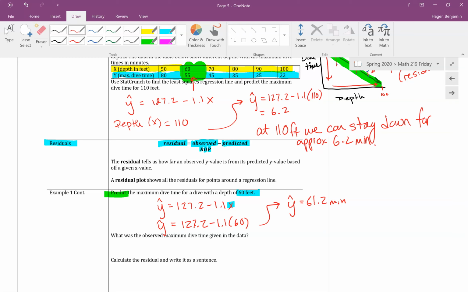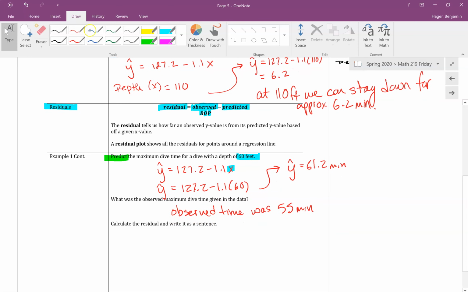What was the observed max dive time? Observed time was 55 minutes. That's the max you could stay down at that depth. Calculate the residual and write it as a sentence.